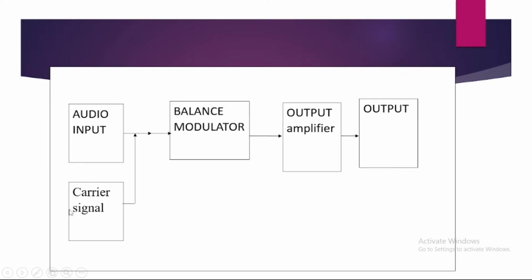This carrier signal is generated from the carrier generator, and then both the audio input and the carrier signal pass through a balance modulator. The balance modulator passes only the sidebands by suppressing the carrier of the signal. Then we amplify the output of the balance modulator and transmit the signal.